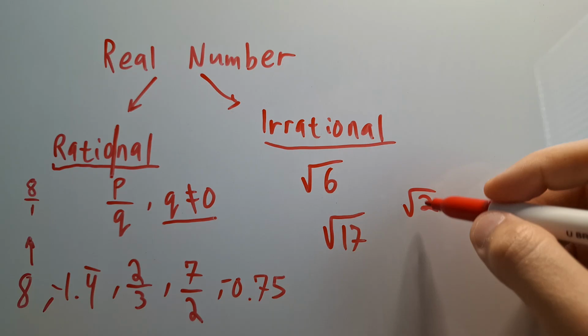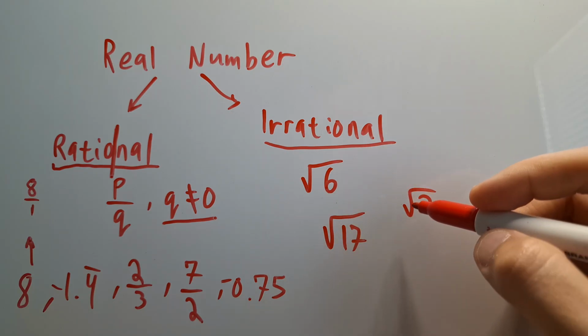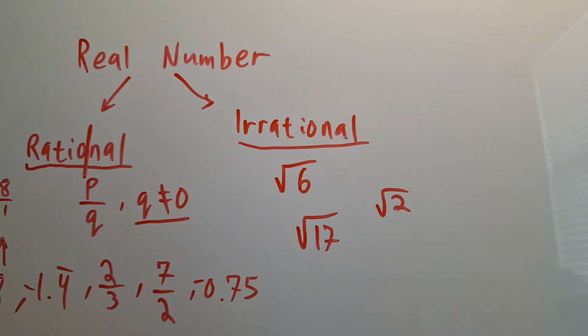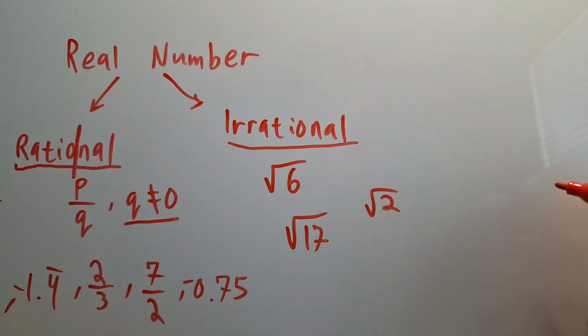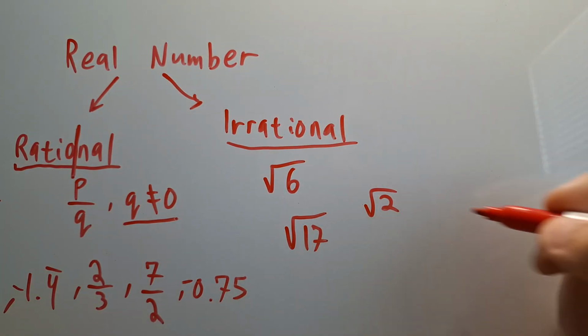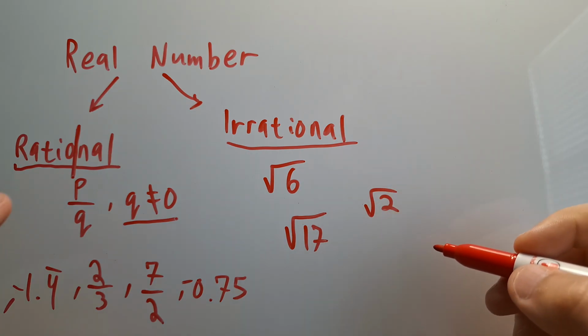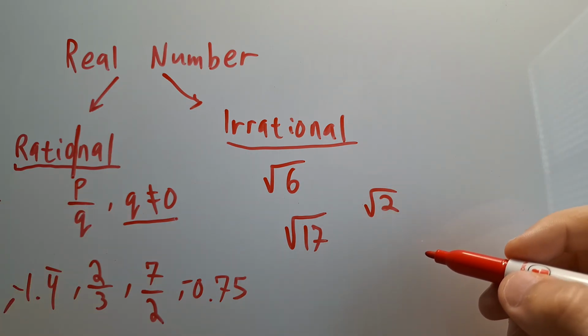These are all examples of irrational numbers, because if you were to calculate these, you would get decimals that don't repeat, and there's no pattern. There's no connection between how that can be represented as a relationship between two integers.